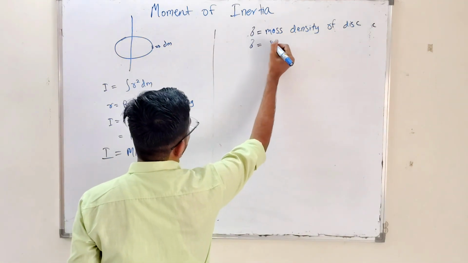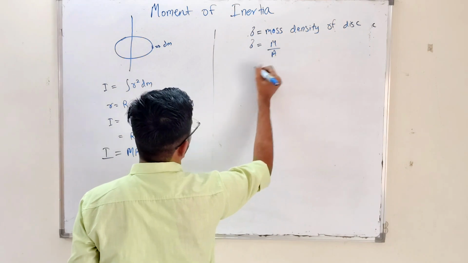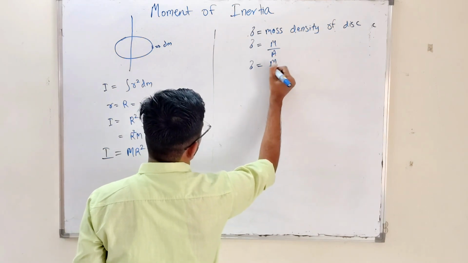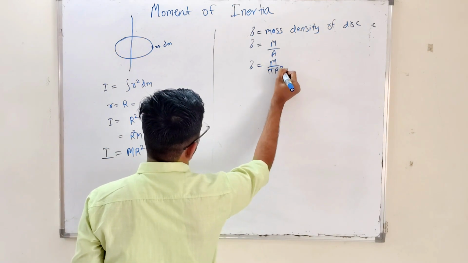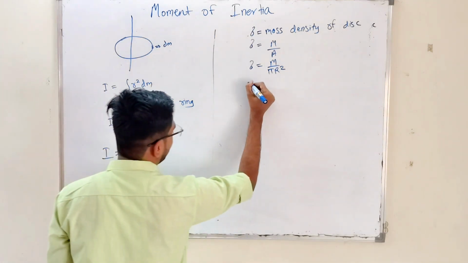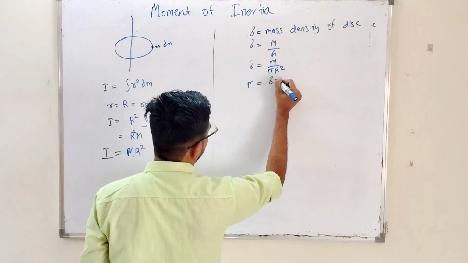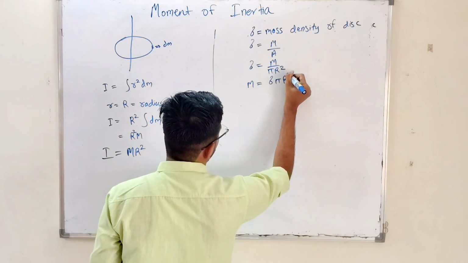Sigma will be mass by area, or we can keep it as mass will be equal to sigma times pi r square.